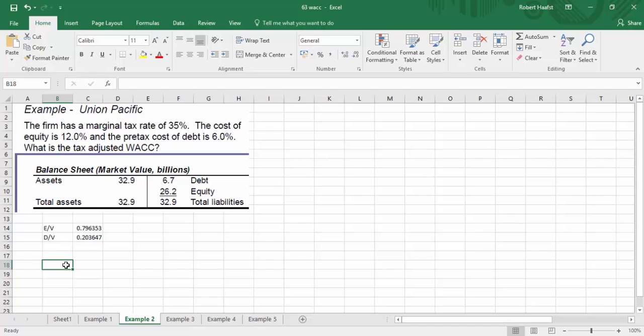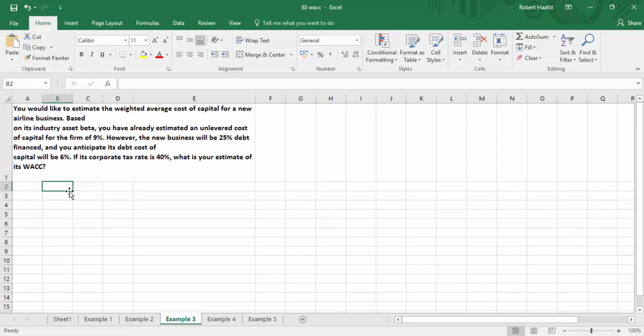So we have the cost of equity, which is 12% times the equity to value ratio plus the cost of debt, 6%, times debt to value ratio times the tax yield, which results in a WACC of 10.35%. Right? Let's go to yet another example.